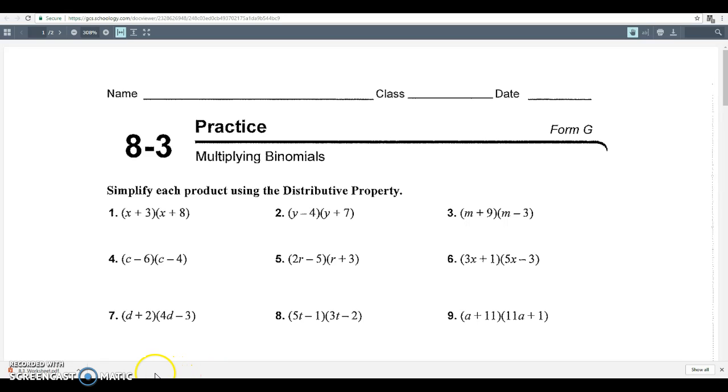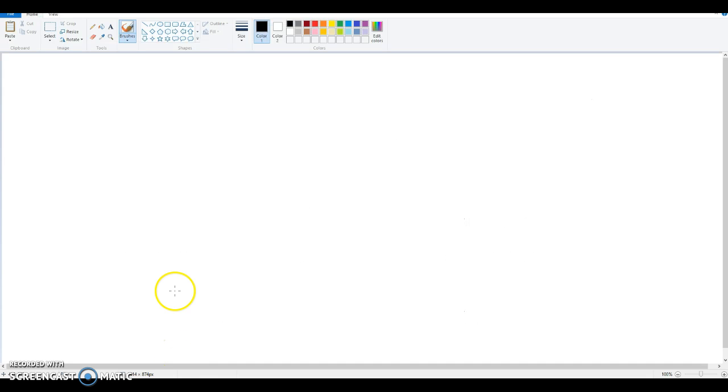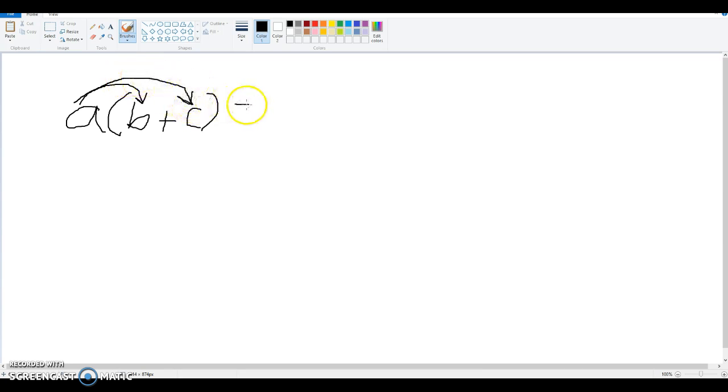Now, you're probably used to using the distributive property in a different manner, where you have A times B plus C, where you're multiplying A times B and then A times C to get AB plus AC.